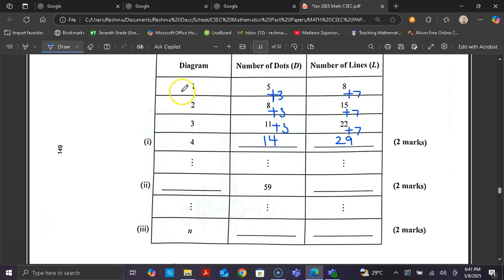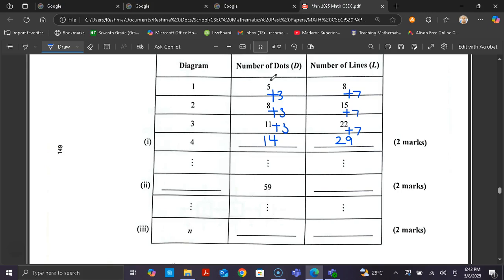If we were to plot, for example, these pairs of values, 1, 5, 2, 8, 3, 11, 4, 14, etc., then it will form a straight line where 3 is the gradient. So all we need to do is figure out what the y-intercept is. And normally, for a linear relationship, the y-intercept occurs when x is 0.